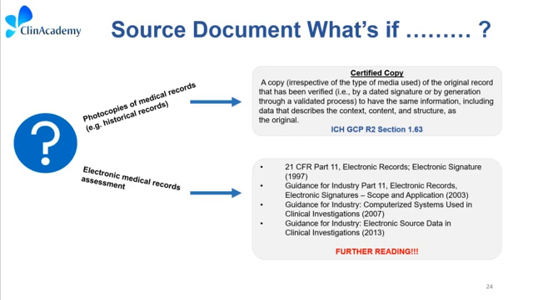You can find it from the 21 CFR Part 11, Electronic Records, Electronic Signatures; Guidance for Industry Part 11, Electronic Records, Electronic Signatures, Scope and Application; Guidance for Industry, Computerized Systems Used in Clinical Investigations; as well as Electronic Source Data in Clinical Investigations. I have provided a copy of all these guidance or guidelines, which you may read at your own time in detail on the electronic medical records source assessment.